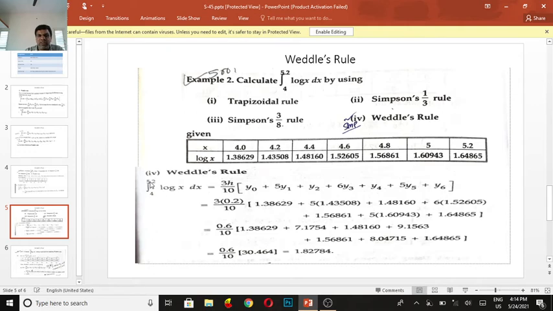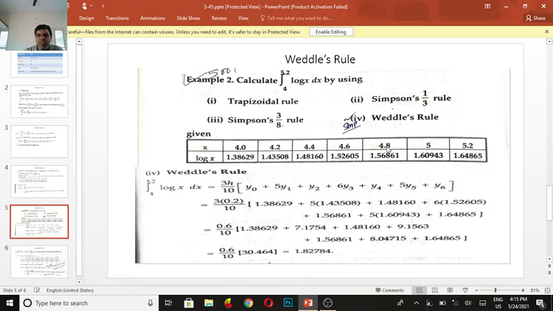If x is 4, the corresponding value of log x is 1.38629. If x is 4.2, the corresponding value of log x is 1.43508. If x is 4.4, it is 1.48160. If x is 4.6, it is 1.52605.